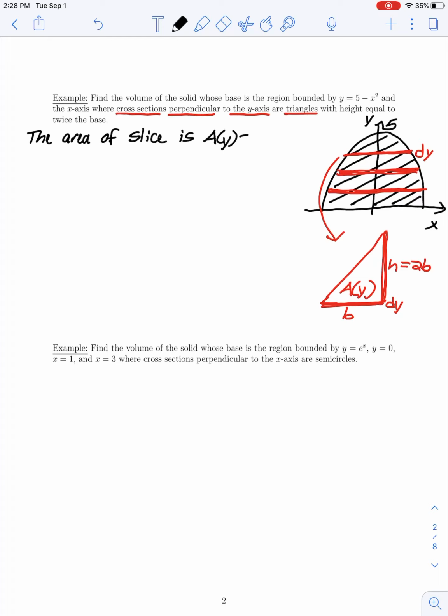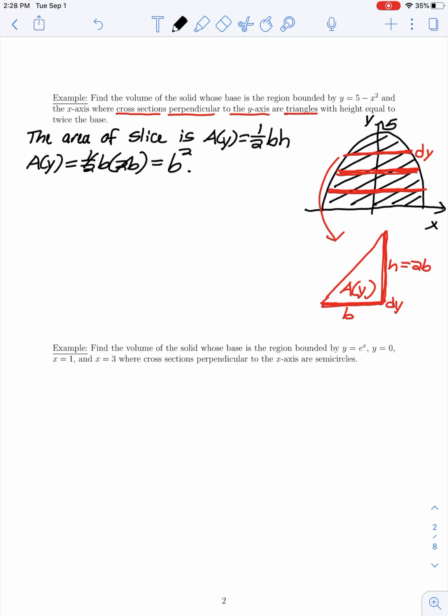In general, the area of a triangle is given as 1/2 base times height. But since the height is equal to twice the base, we have 1/2 base times twice the base. So our factor of 1/2 and 2 cancel, and we would have the area is given by the base squared.